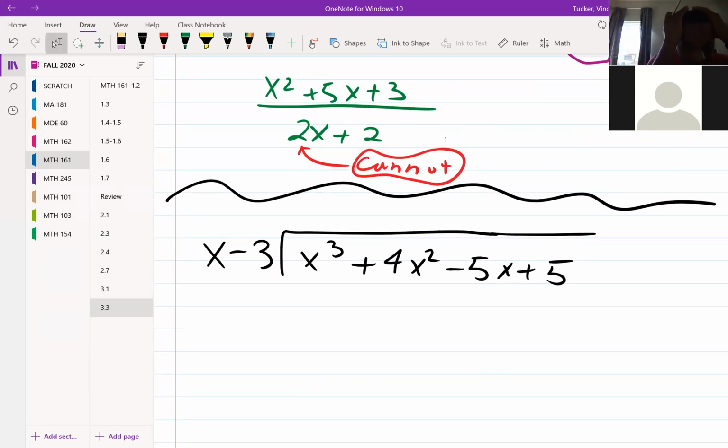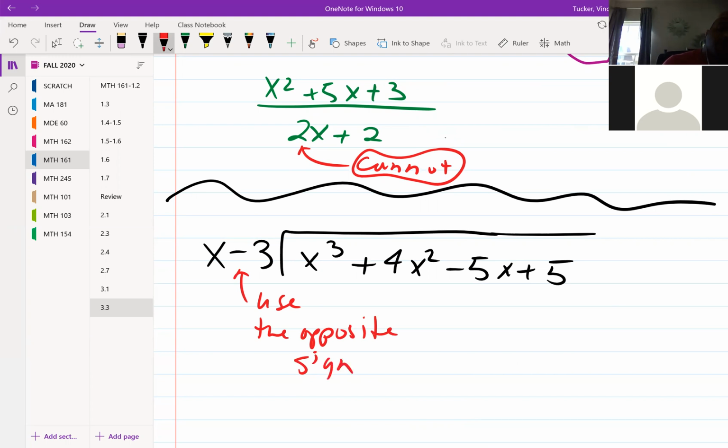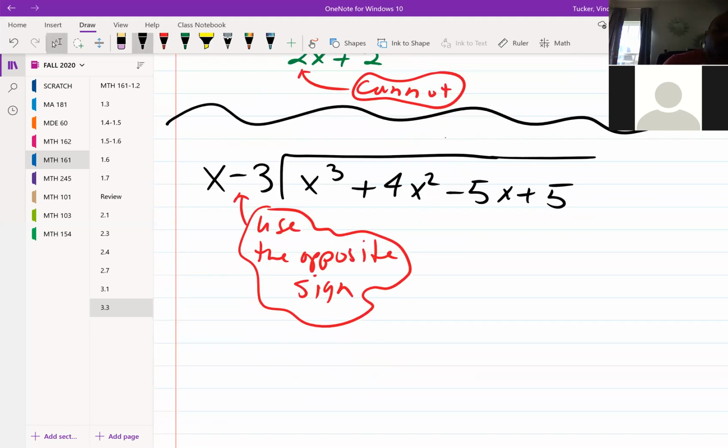All right, if we have x minus 3 and we want to divide that into x cubed plus 4x squared minus 5x plus 5, the first thing we would do is set it up this way. So we're going to use the opposite sign that's attached to that 3.